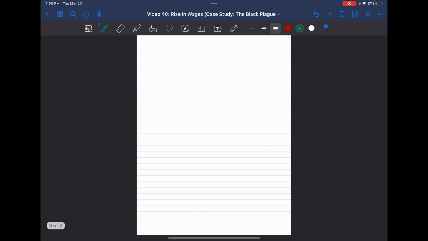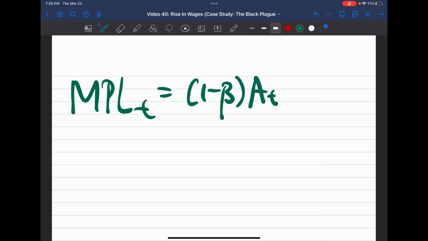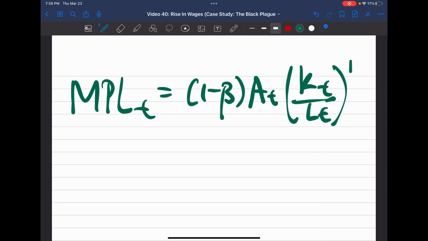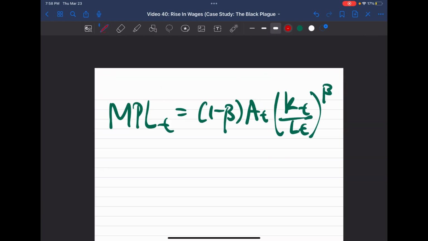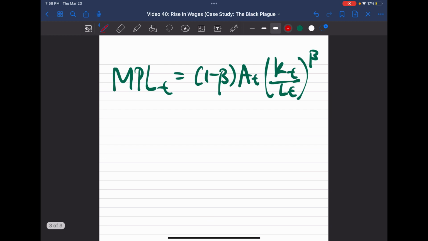So we have now landed on our equation of the marginal product of labor using calculus, which is 1 minus beta, multiplied by A_t, multiplied by K_t over L_t to the power of beta. Just to recall, in the profit maximization condition, the wages are equal to the marginal product of labor. So this equals the wages.